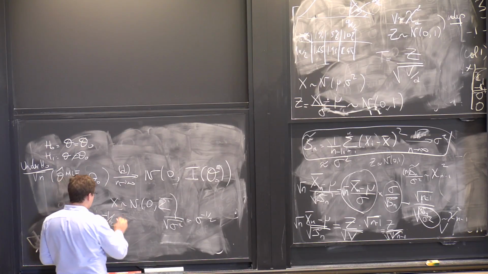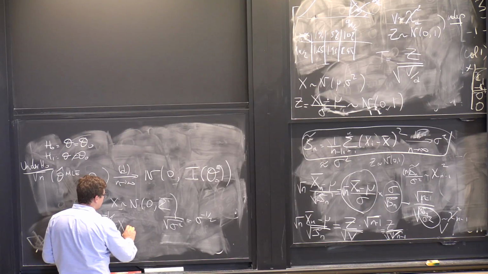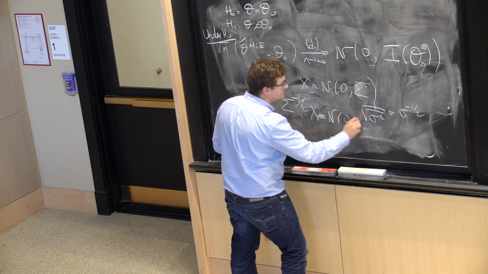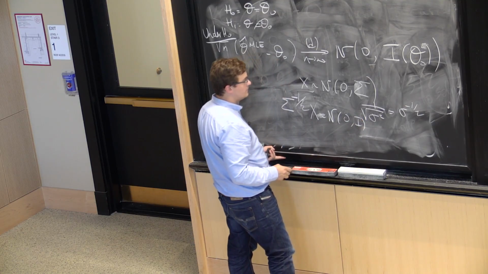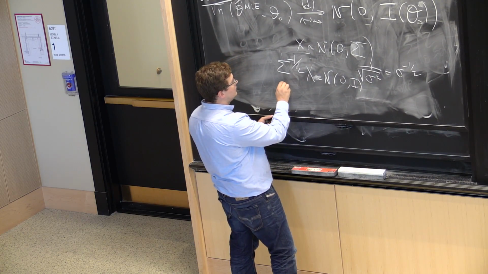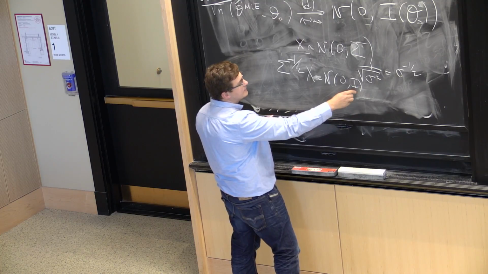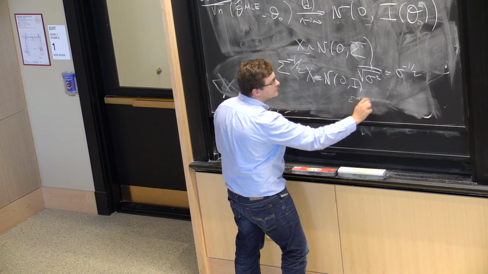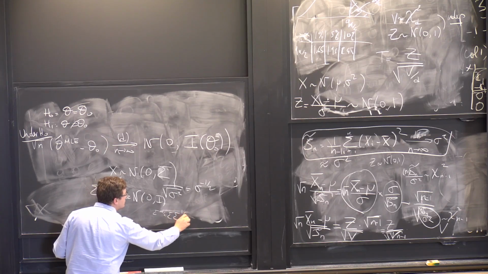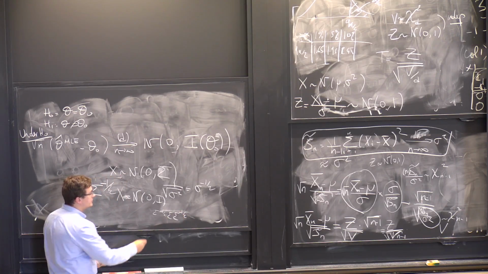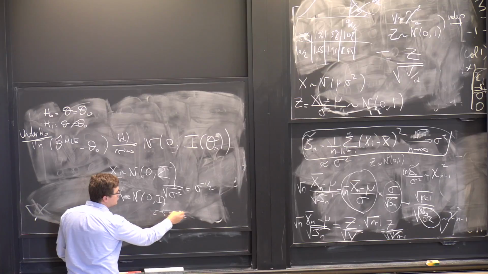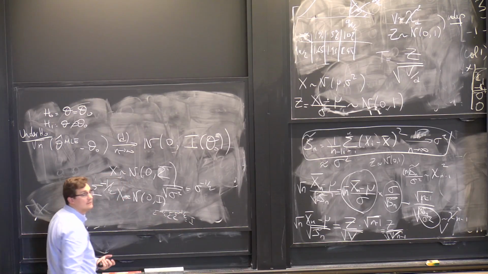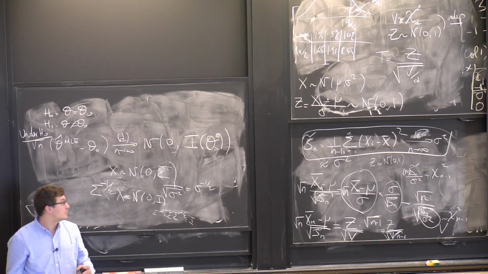And so you get sigma to the negative 1/2 times x follows N(0, identity). In general, I'm going to see something that looks like sigma to the negative 1/2, sigma, sigma to the negative 1/2. I have minus 1/2 plus 1 minus 1/2, this whole thing collapses to 0, and it's actually the identity. OK, so that's the actual rule.